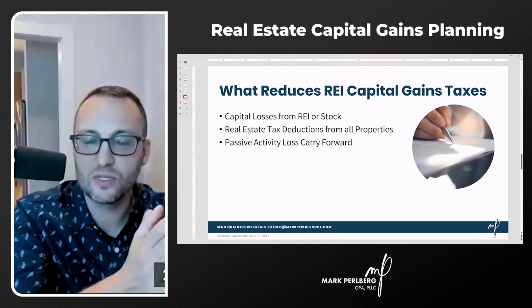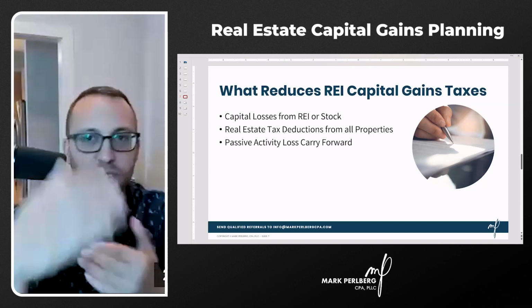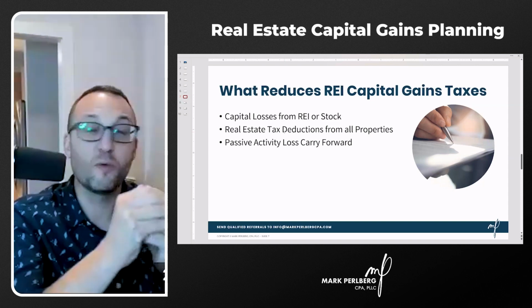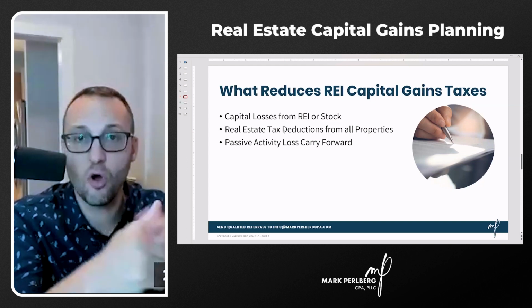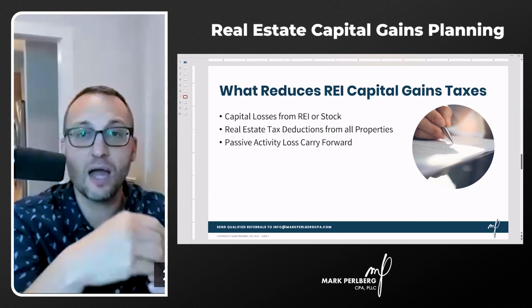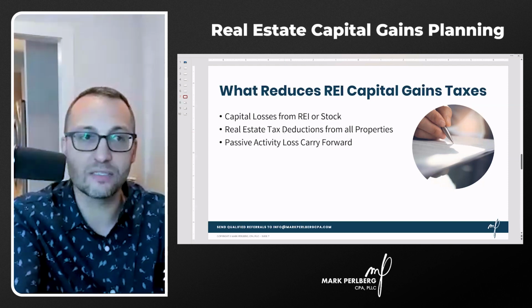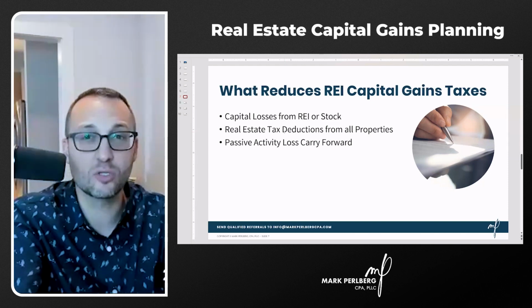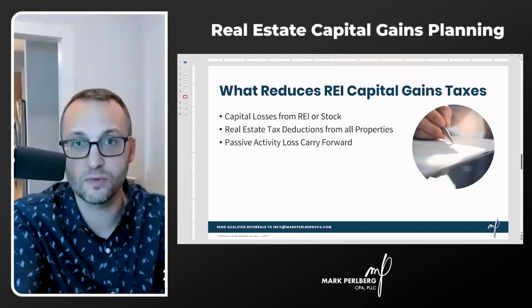We tried to do a 1031, couldn't find a qualified opportunity zone, but we have some stock and the stock's basis is higher than its current value. We can sell that stock and the losses from that stock will offset the capital gains from the real estate. And it could be long-term or short-term losses from those stocks, and vice versa with the real estate.